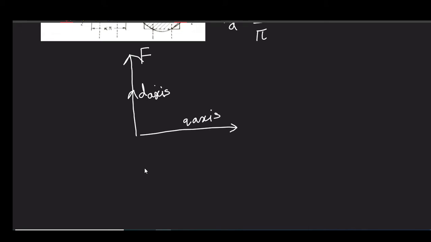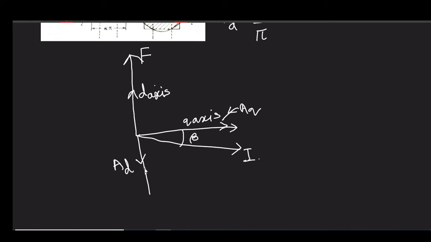I am assuming my armature current I is making an angle beta with this. So here we have this cosine component, denoted by AQ, and this sine component, denoted by AD.